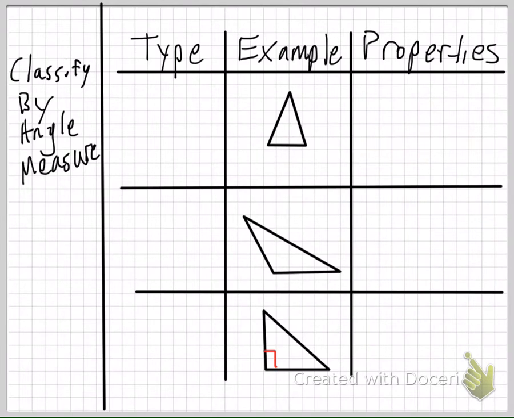We can also classify triangles by angle measure. So our first triangle is going to be one which is an acute triangle. That's where all three of the angles are actually acute. So we'll call this an acute triangle. And so each of these angle measures are going to be less than 90 degrees.